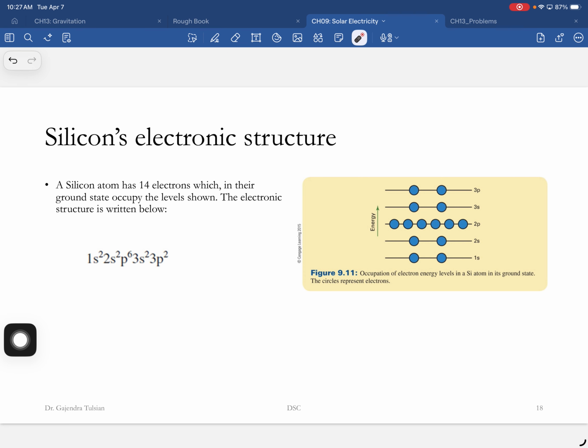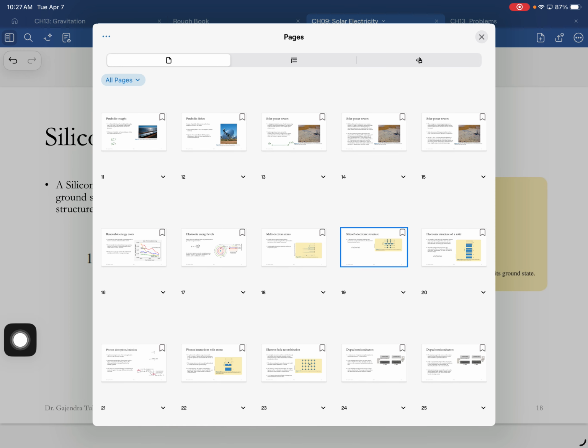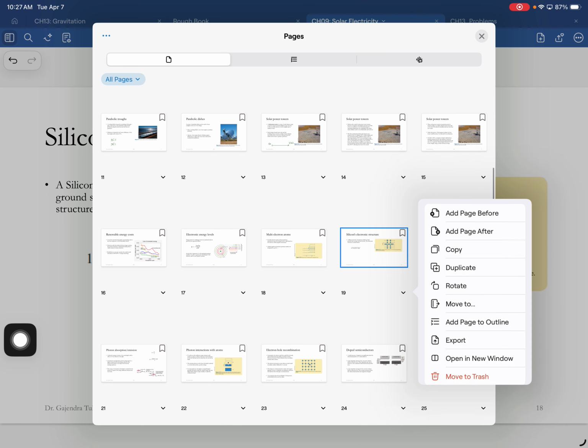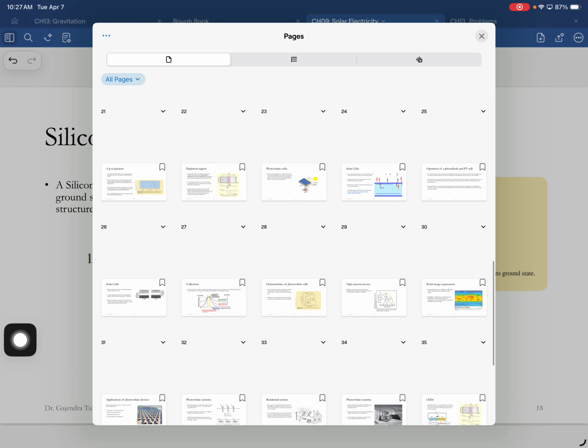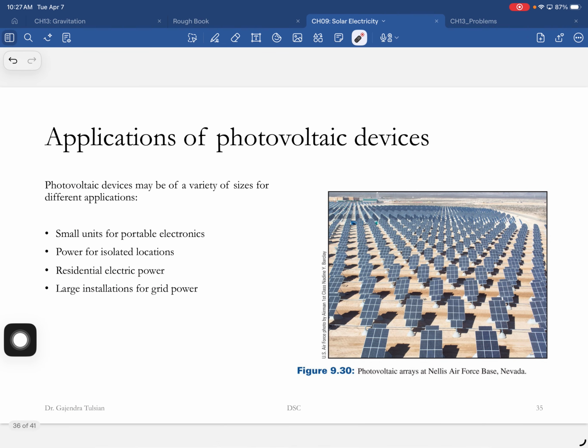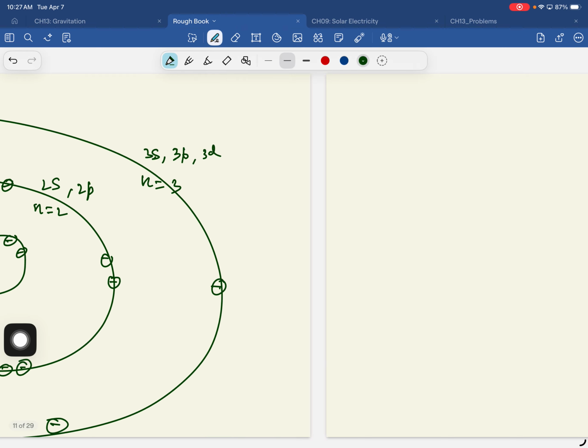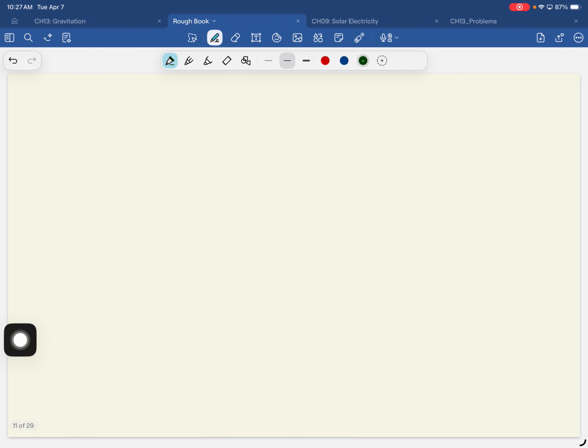And now, when you put together a crystal, these are all atoms, and let's say there's a billion atoms here. Each energy level will become a band. And this band will have a billion sublevels. Depending on if you have a billion atoms, there'll be a billion sublevels.